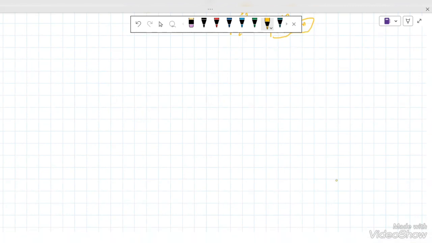Okay, so we were talking about the face value. I will tell you what a face value is. It is basically known as the nominal par value. It is the amount written on the face of the shares.